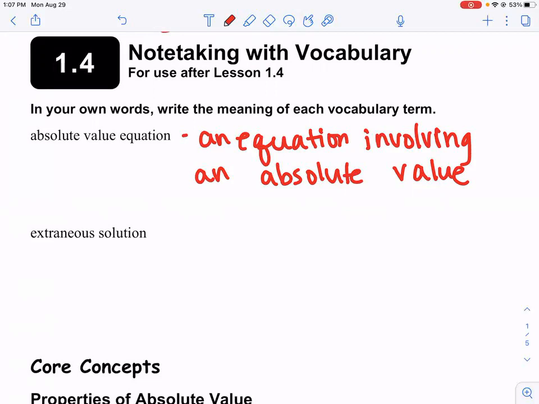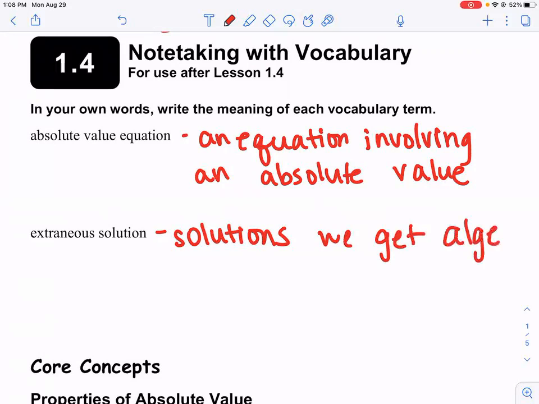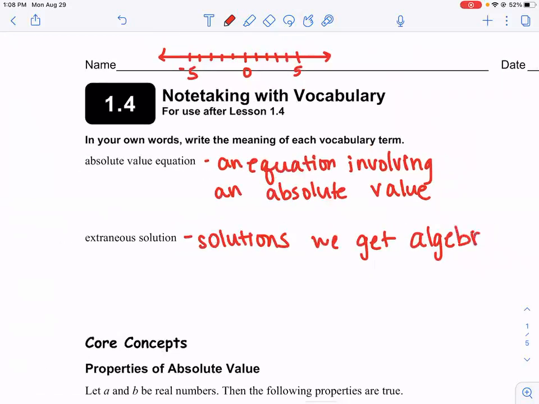Extraneous, that's a weird word. So extraneous solutions are solutions that we get algebraically but they don't actually work when you plug them back in.